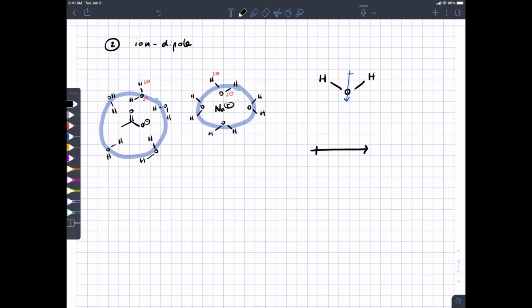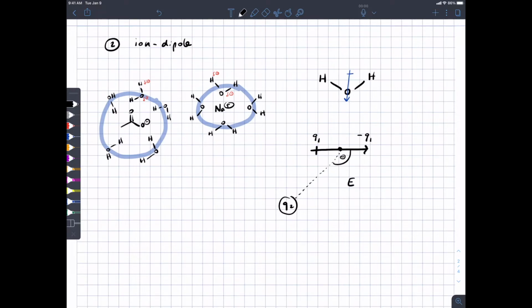This is a dipole. A dipole has a positively charged end and a negatively charged end. And here is an ion. We'll call that Q2. So you draw a line from the charge, the ion, to the middle point of the dipole, and then you measure this angle.